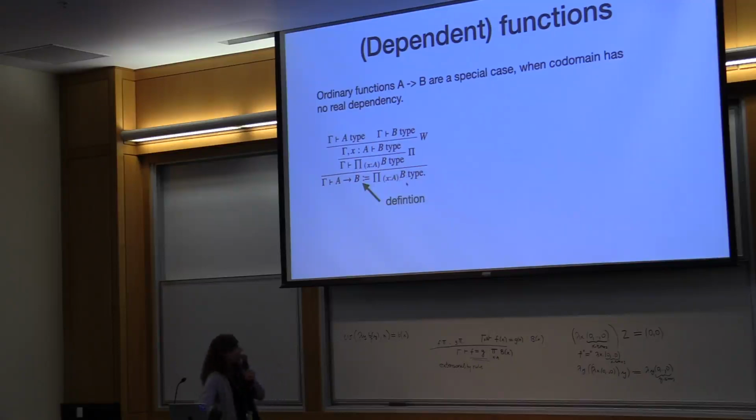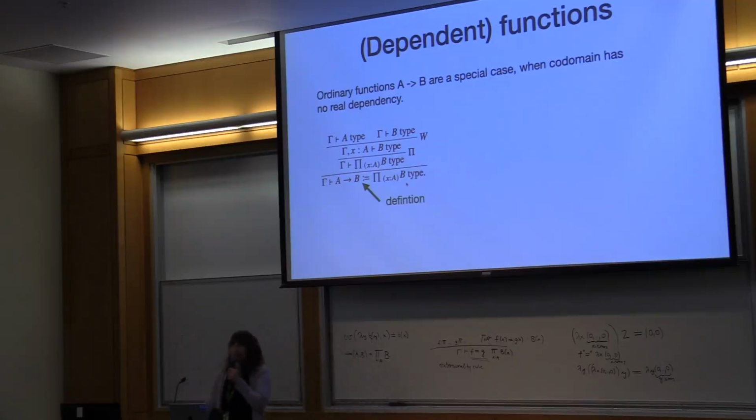So in a prefix form, that would look like I have a function symbol, arrow, that takes A and B, and it is defined to be the pi type where B has no dependency. Okay? And this is how we would introduce new constants all the time.